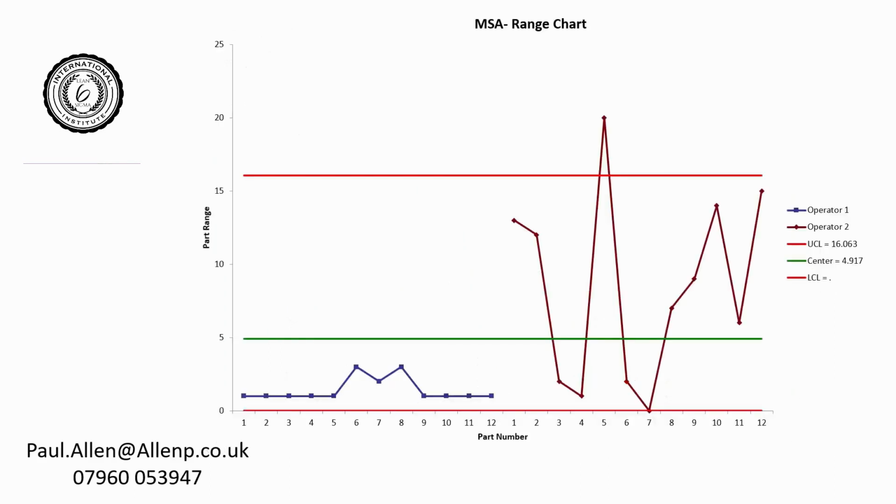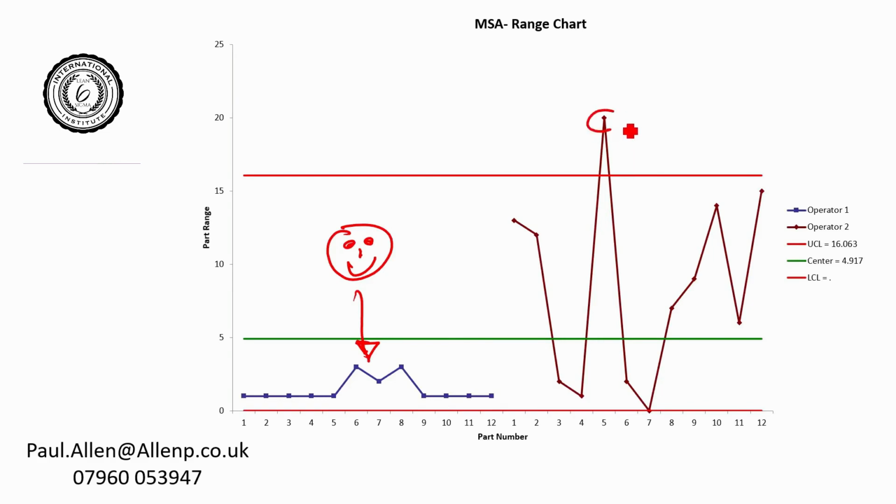One last thing, does it need improving? Well, yes, it does. And we already mentioned, operator 1 has clearly got some method here. This guy clearly knows what he's doing. I mean, this is a new piece of equipment, I'm guessing. He clearly has a method that works and is pretty repeatable to within a few numbers of one another.